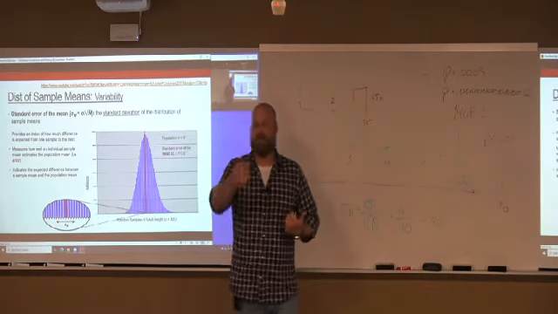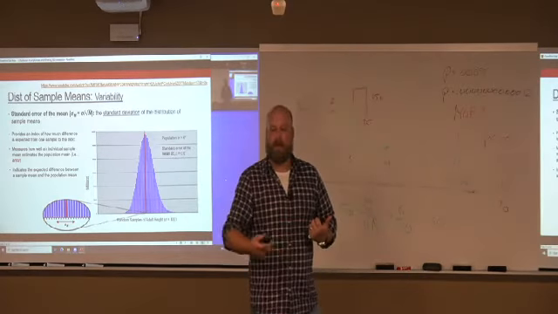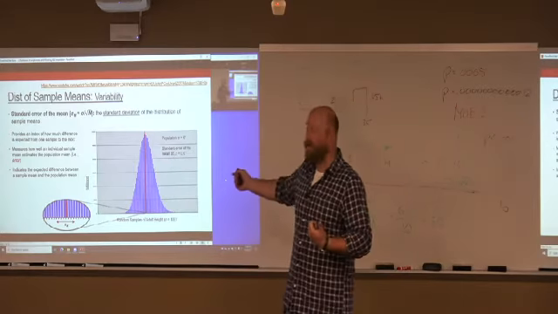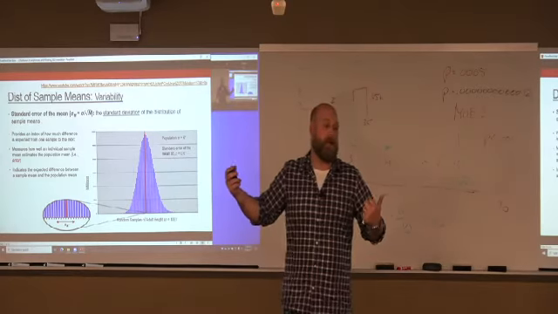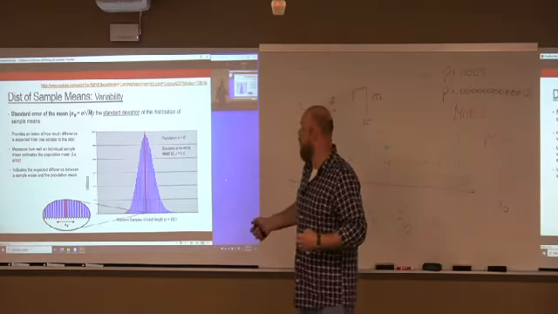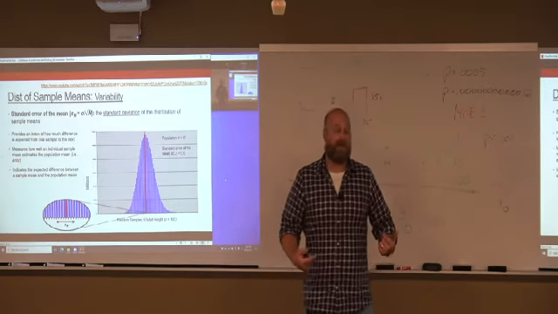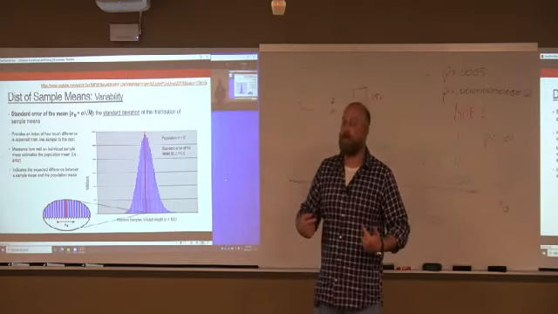Probably it means that I sampled from a biased sampling set, but I can also just randomly get that, right? So one way of thinking about this is how much difference should I expect from one sample to the next? If I'm using large samples and that's driving my standard error down, I would expect on average that I'm probably going to be pretty close across repeated samples.